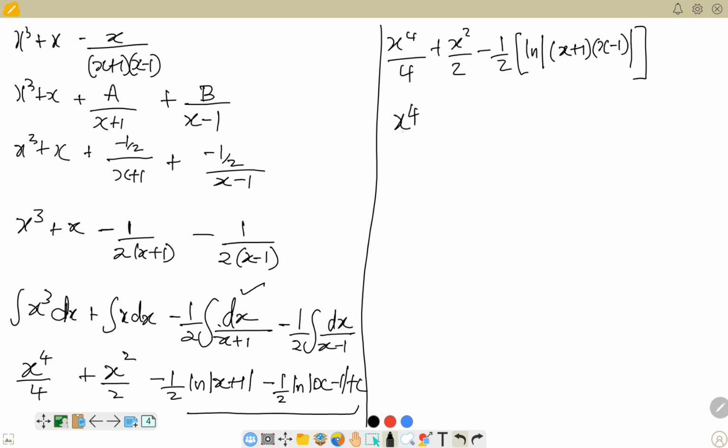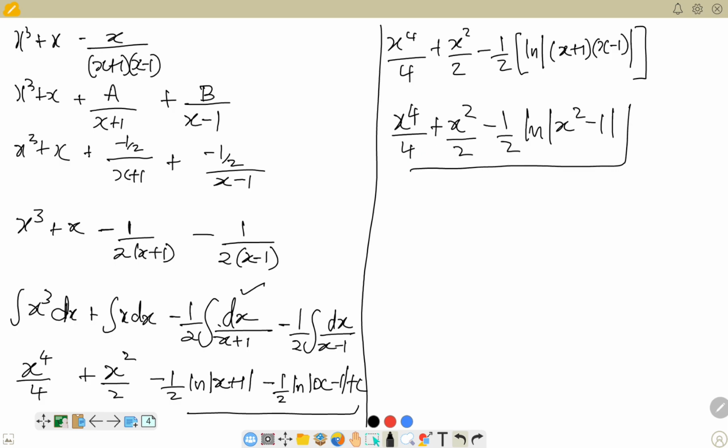Then x to the power 4 over 4 plus x squared over 2. And then from here we will have ln of x squared minus 1. So this is the answer.